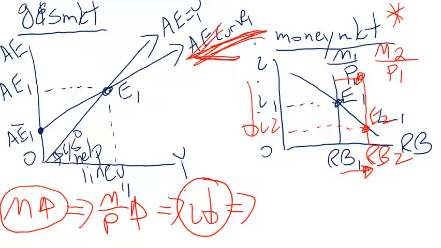So what's going to happen in the goods and services market? This lowering of the interest rate is going to increase the physical investments. All right. Now, let's assume that there's a link between the interest rate and physical investments.